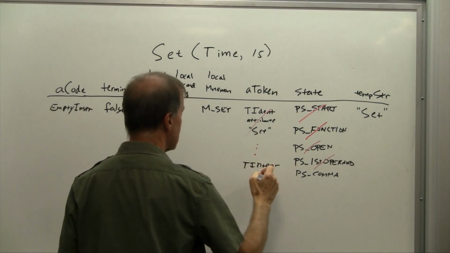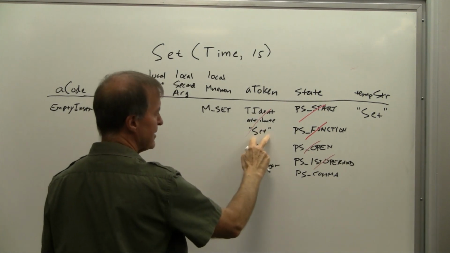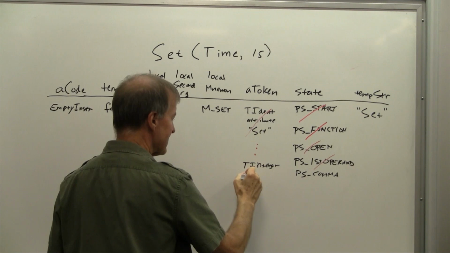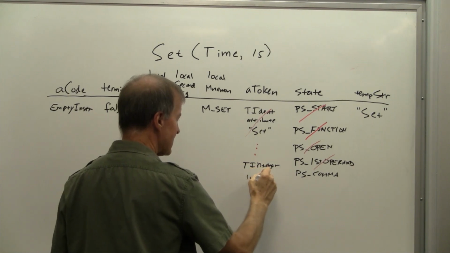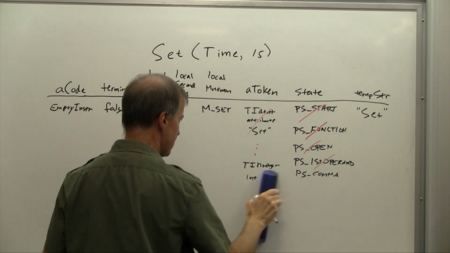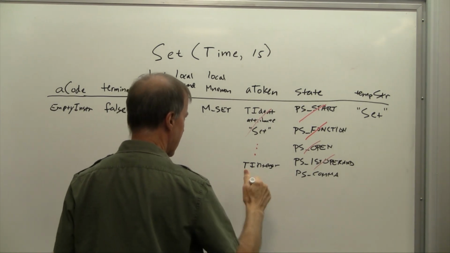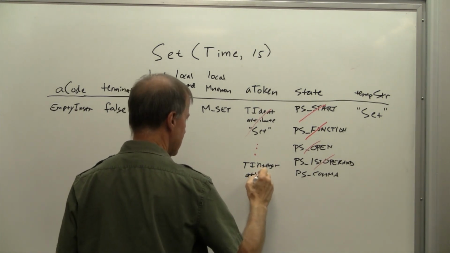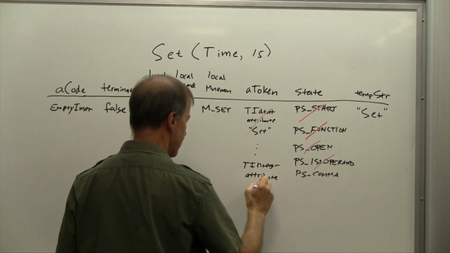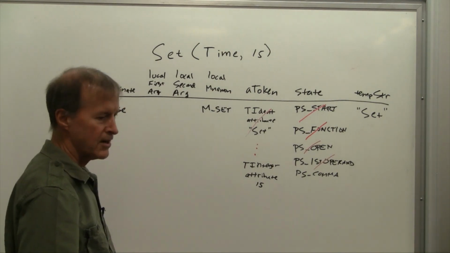This will be a t integer with value. Now with that, instead of having string value set, what will it have? It'll have an int. It will have an int 15. That'll be its attribute here. T integer attribute 15. Is everybody clear on that?